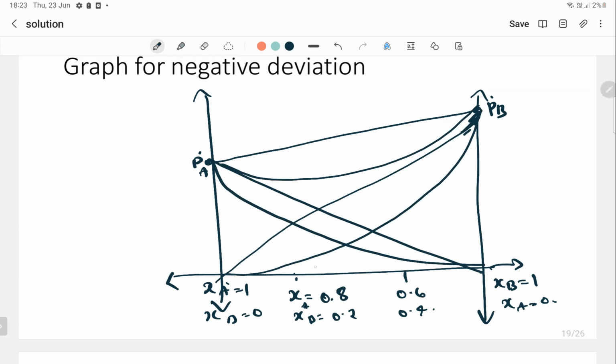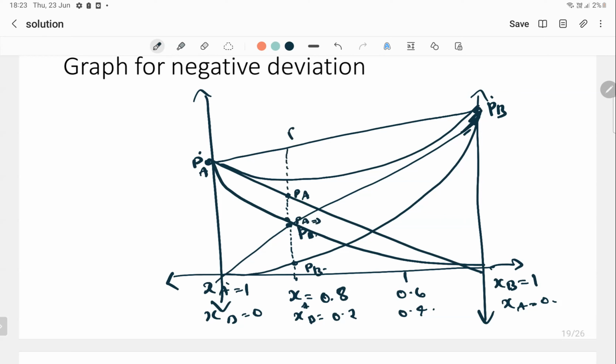Okay, so here you can see if this is your expected PB according to Raoult's law, then in negative deviation your PB will be here. And if this is your expected PA according to Raoult's law, here you can see your real PA according to the negative deviation.